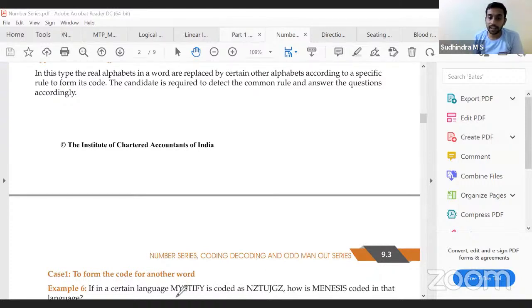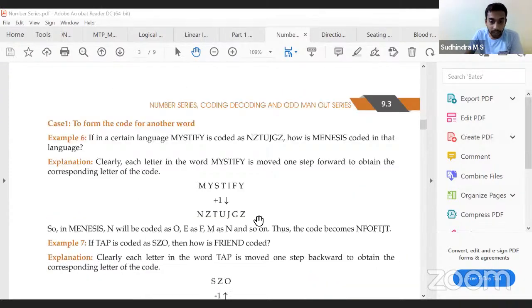Simple, right? M is N, Y is Z. So simple next letter. So N, F, M, N, O, F, T, then J, T. Correct. So that would be the code for menaces. Appropriately, they have used 2 words, mystify and menaces, for this subject.